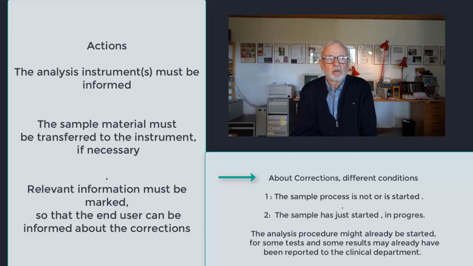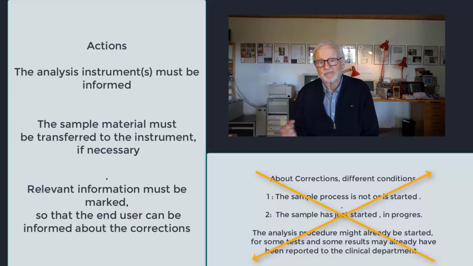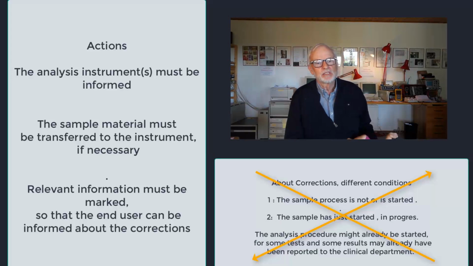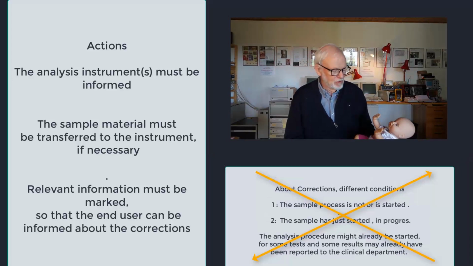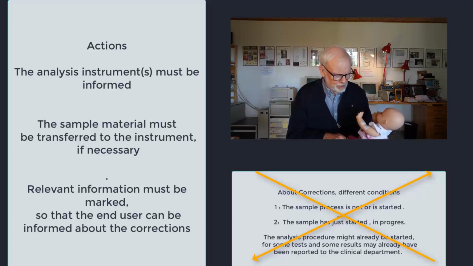You can, of course, just make a new order, a complete new order. But then you have to make a new sample order and you have to make a new sample on the patient. And that is not nice if you have to take a sample on small children, as you see here.